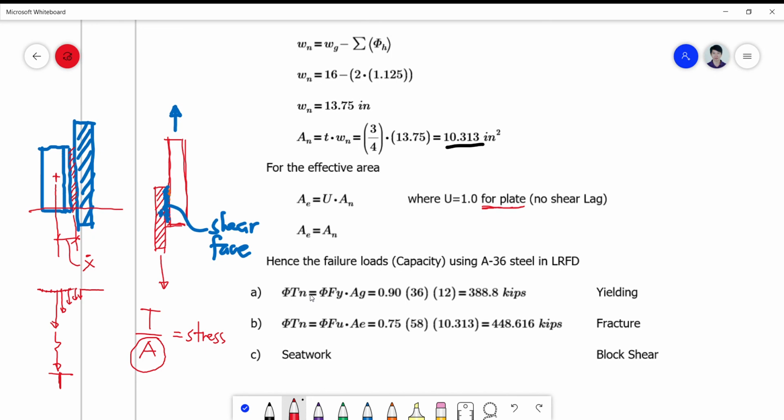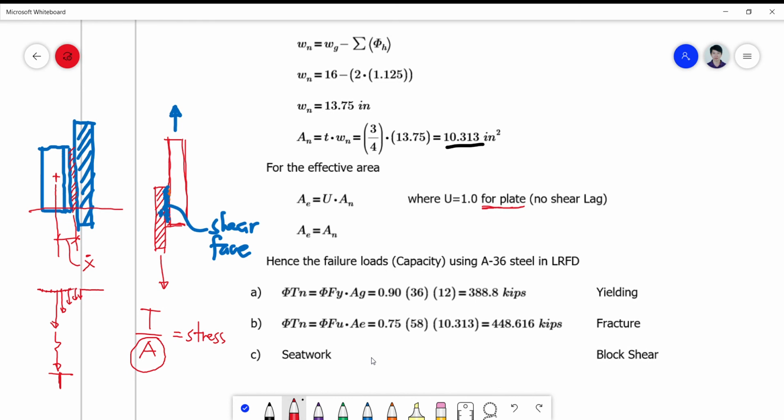So the failure load capacity is simply an application of the formulas we derived a while ago. For LRFD, the failure load is given by the yield failure, the fracture failure, and the block shear failure, which, if we substitute the given values, will yield these values here, and for the block shear we will do this as a sit work.